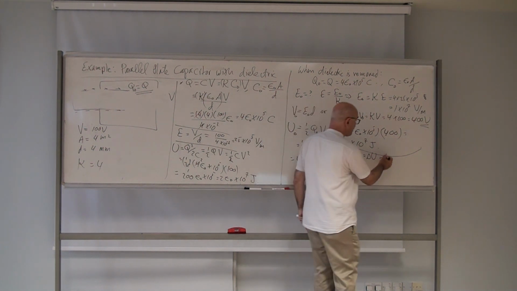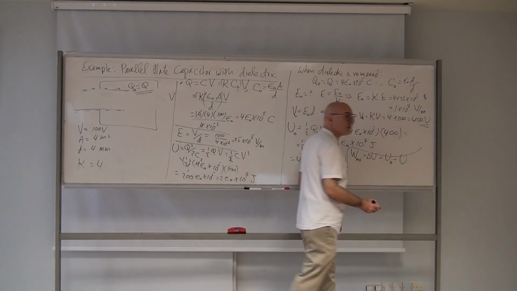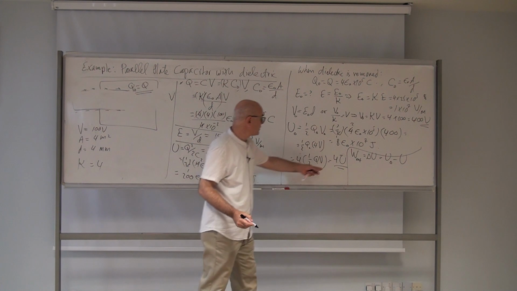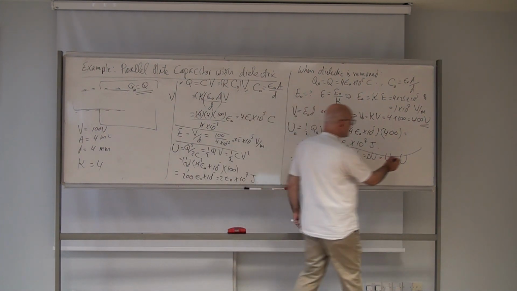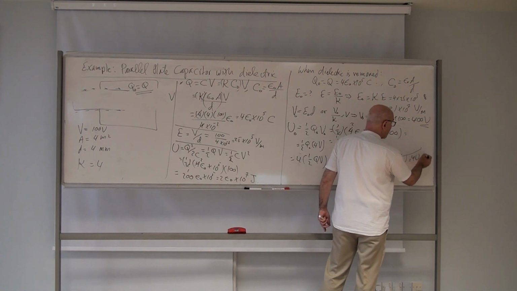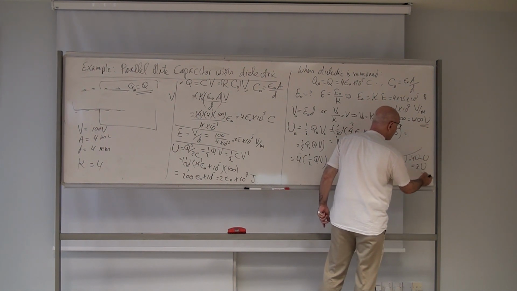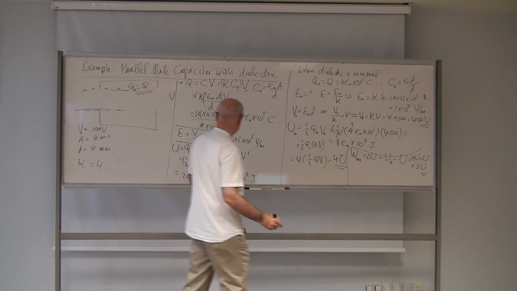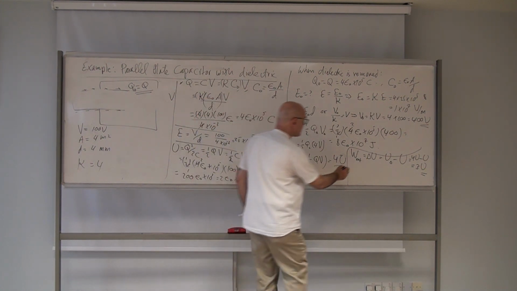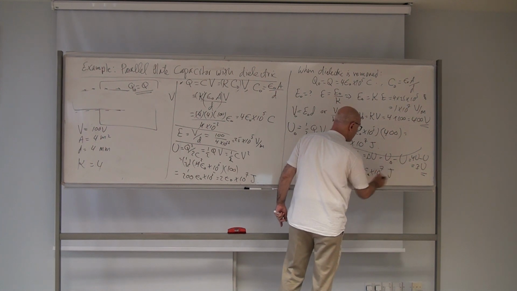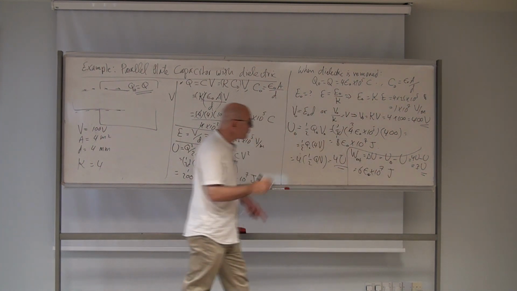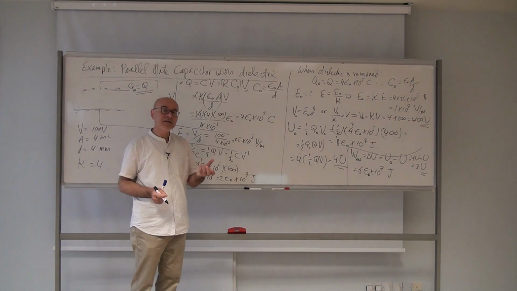It is U naught. And the earlier is U. Okay? U naught. So it's 4U minus U, which is equal to 3U. And what is U in this case? This is equal to 6 epsilon naught times 10 to the power 7 joules.